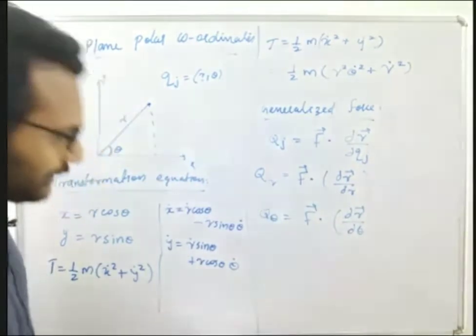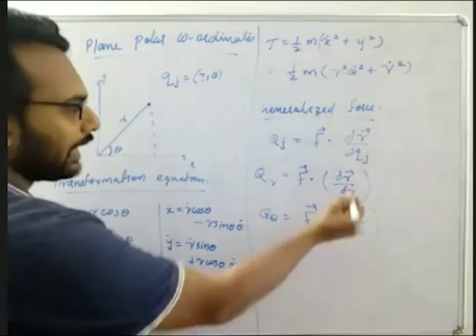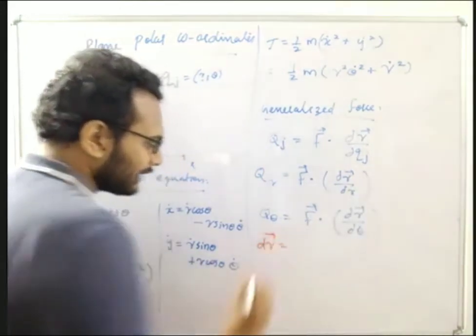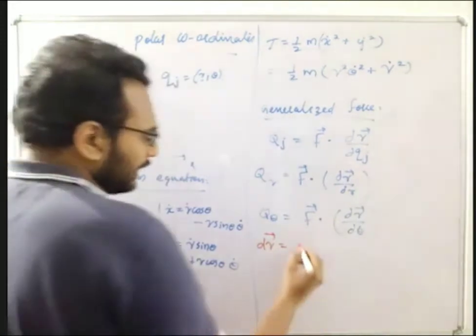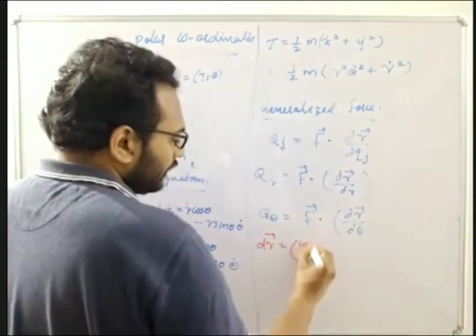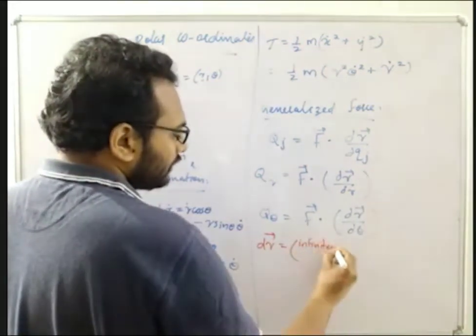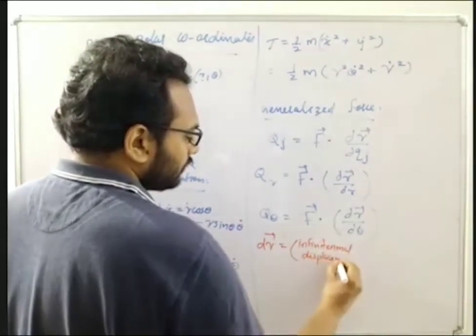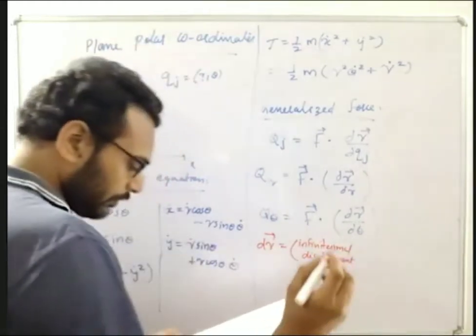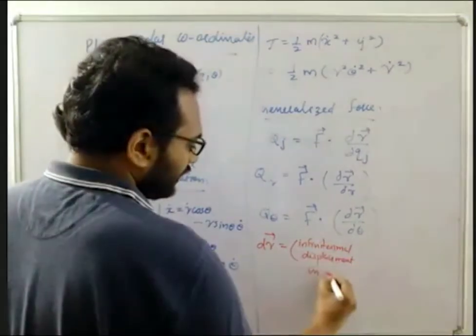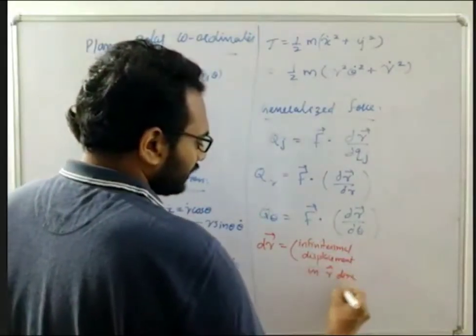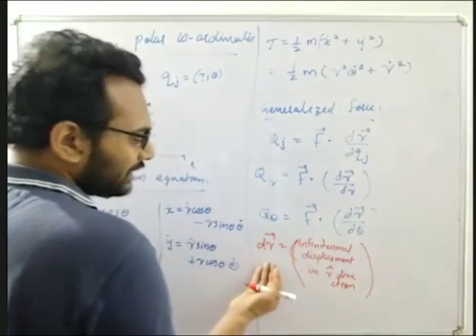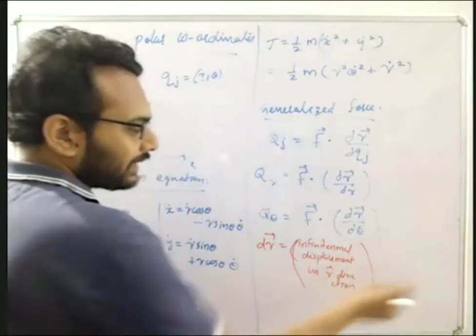Okay, so you can write dr vector like this. In order to find r vector as a function of r and theta, dr vector can generally be written as the infinitesimal displacement in the r cap direction, multiplied by r cap, plus the infinitesimal displacement in the theta direction, multiplied by theta cap. So we are resolving the total displacement vector in terms of the r cap direction and theta cap direction.